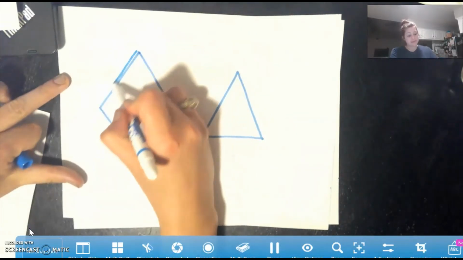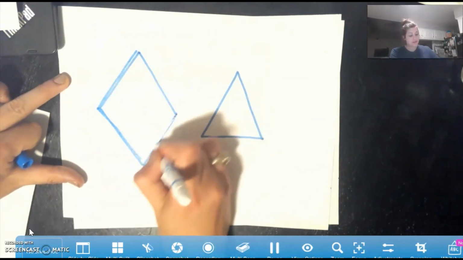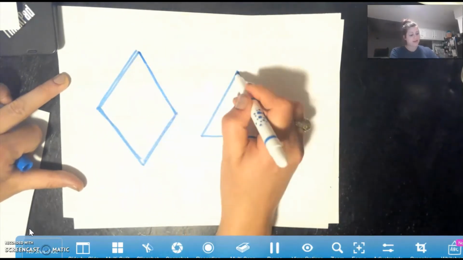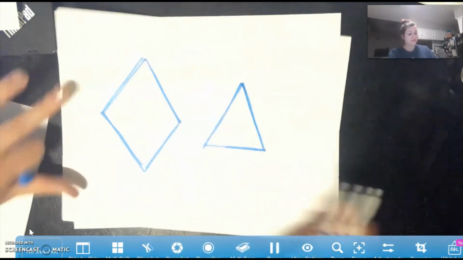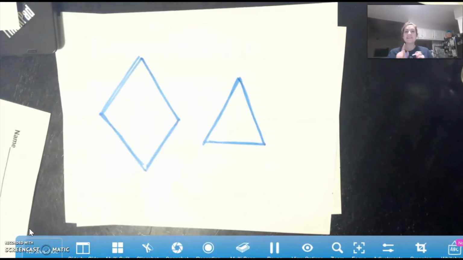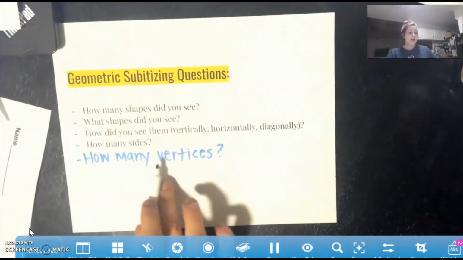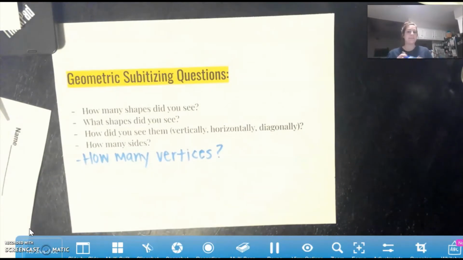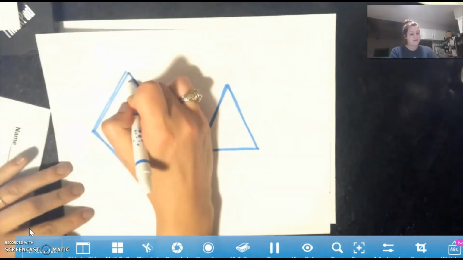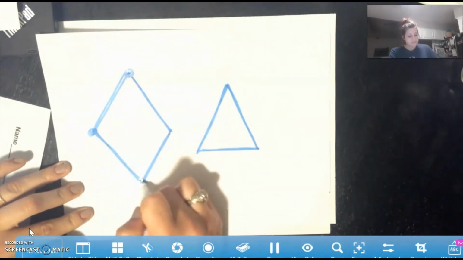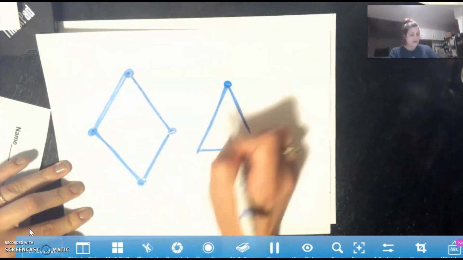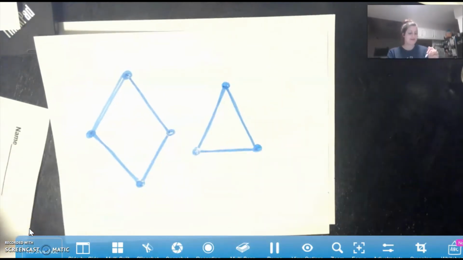I know a rhombus has 1, 2, 3, 4, and a triangle has 1, 2, 3. 4 plus 3 equals 7. How many vertices did you see? That's right, 7 again. 1, 2, 3, 4, 5, 6, 7. Good job subitizing.